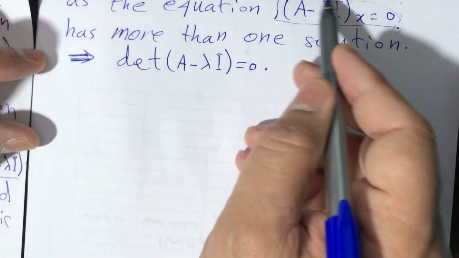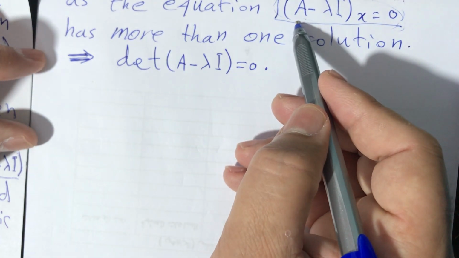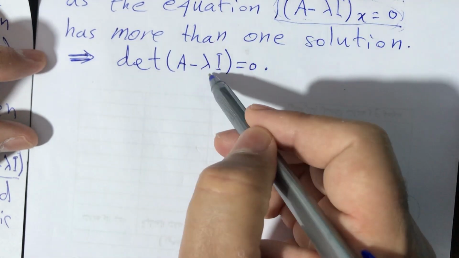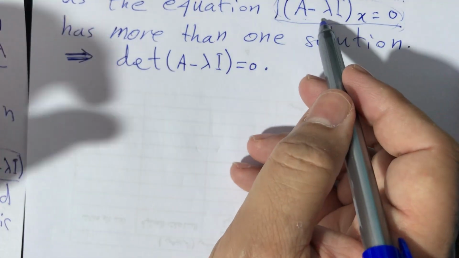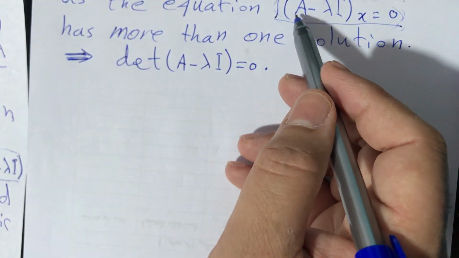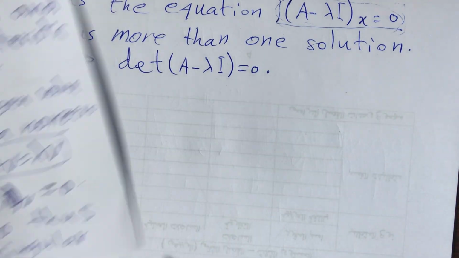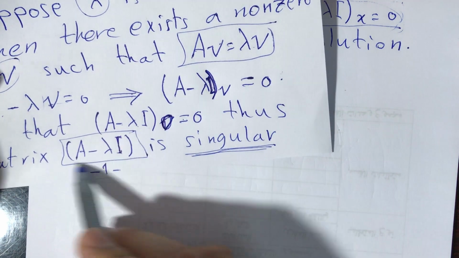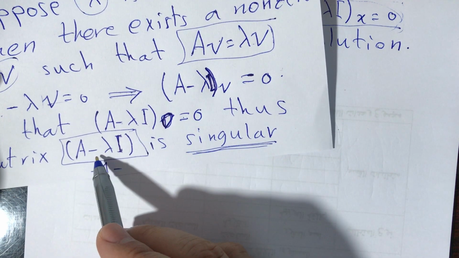If a matrix is singular, its determinant equals 0.